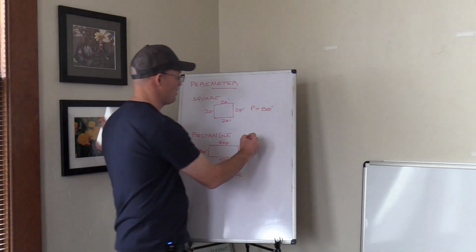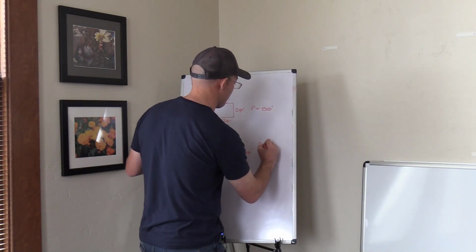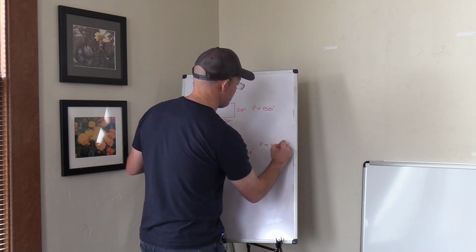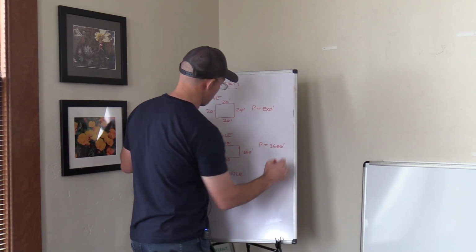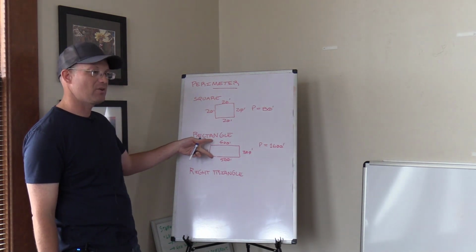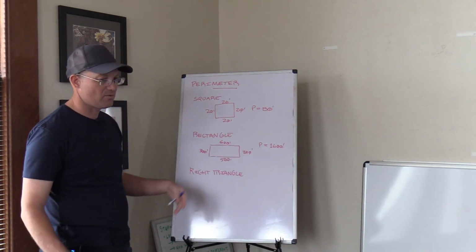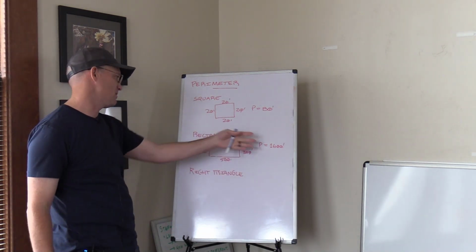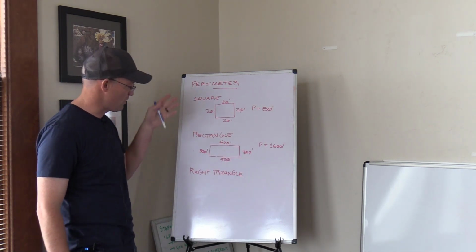So the perimeter here is 1600 feet. Or an easier way to do that for some of you will be to say, I've got two sides that are 500, that's 1,000. Two sides that are 300, that's 600. 1,000 and 600 is 1,600. So there's the perimeter for a rectangle.